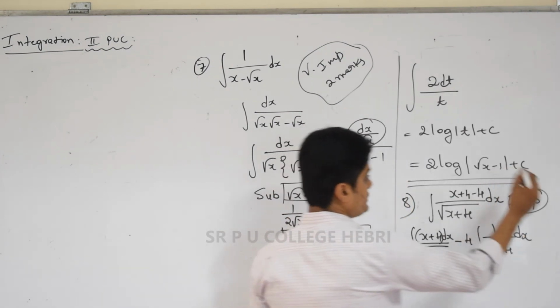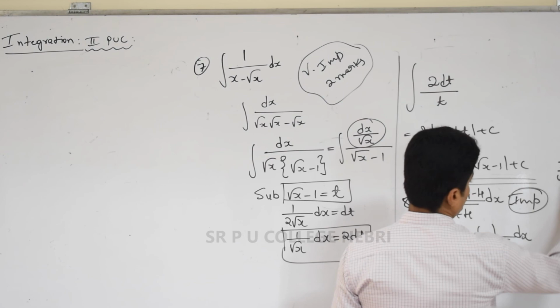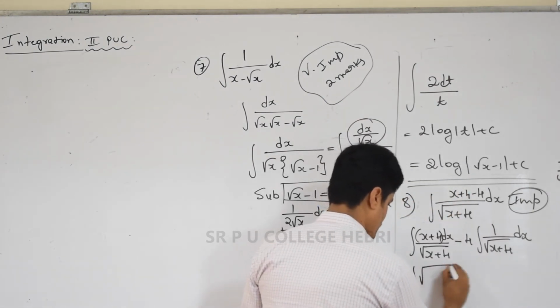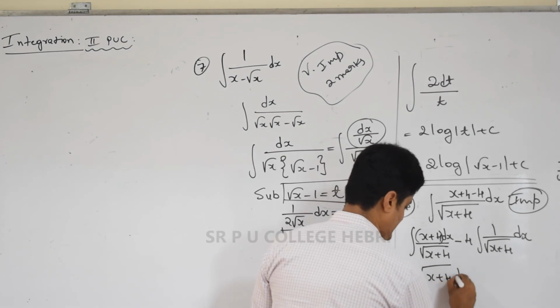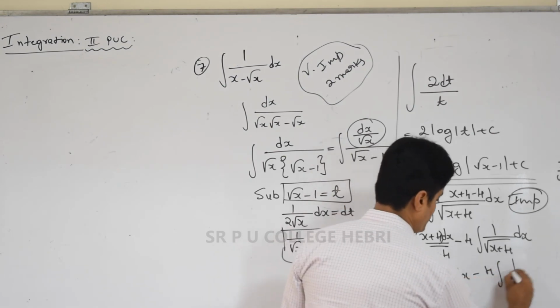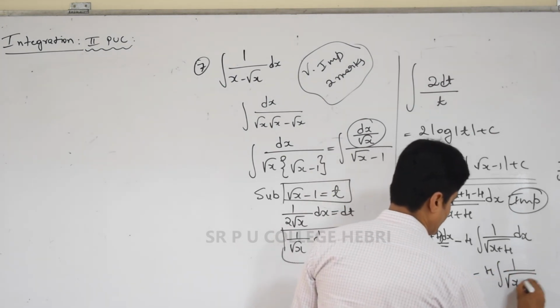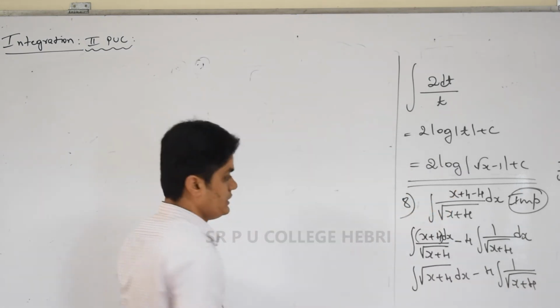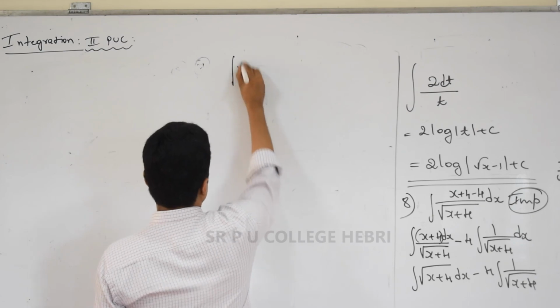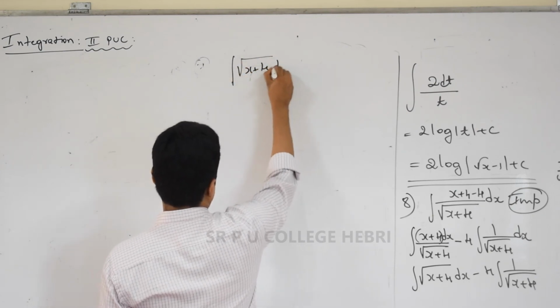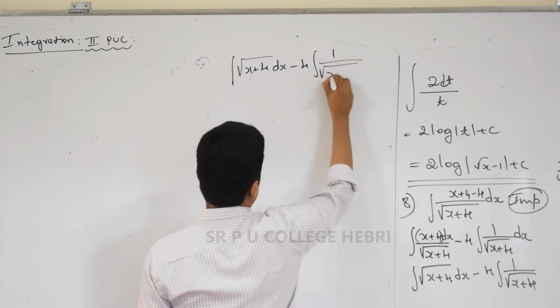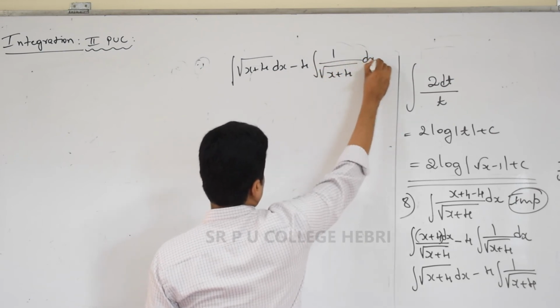So what is x plus 4 by root of x plus 4? It is root of x plus 4, right? So this will be integration of root of x plus 4 dx, minus 4 into 1 by root of x plus 4 dx. Correct? So how to integrate the first one? Root of x plus 4 dx is simple.